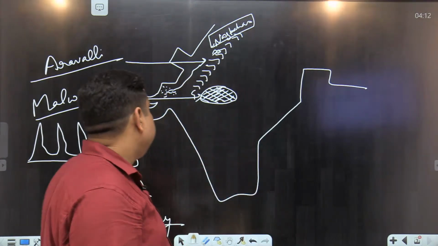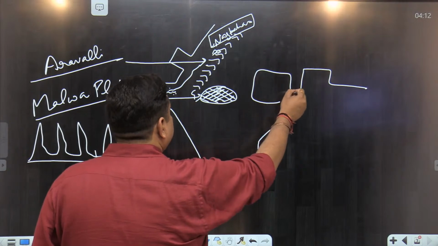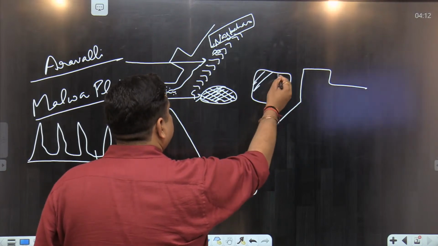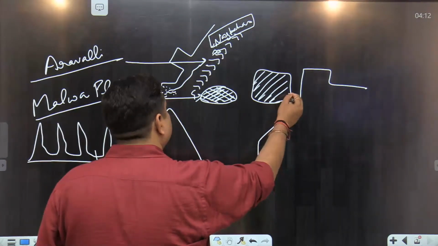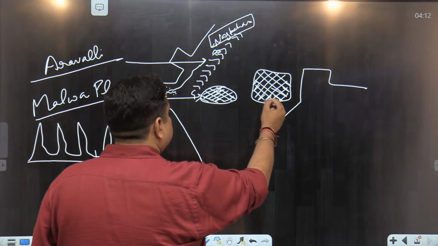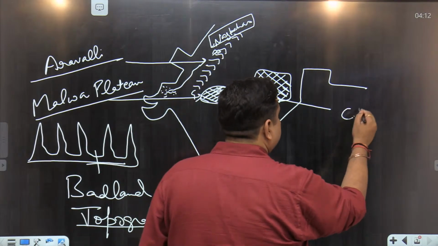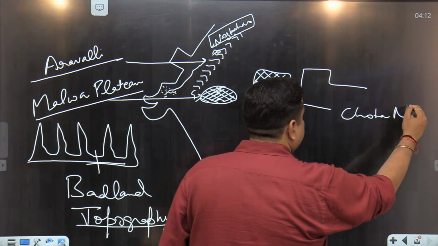Next, on the eastern side, there is a plateau which is known as the Chota Nagpur Plateau.